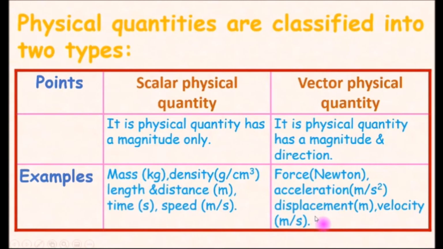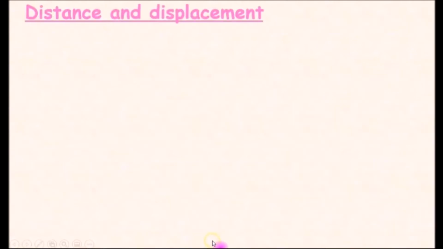Speed and velocity have the same unit. They may be the same in magnitude, but speed needs only magnitude to be identified, while velocity needs magnitude and direction. And this is the difference between the scalar physical quantity and vector physical quantity.